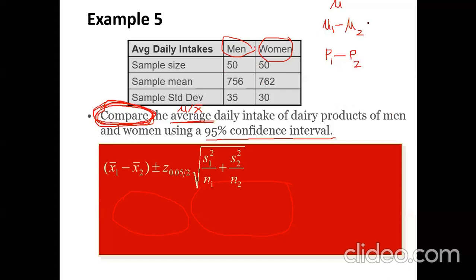So it refers to this type of interval estimator. What is the formula? X bar 1 minus x bar 2 plus minus z, the critical value alpha divided by 2, times the square root of standard deviation 1 squared over sample size n1 plus standard deviation 2 squared over n2.